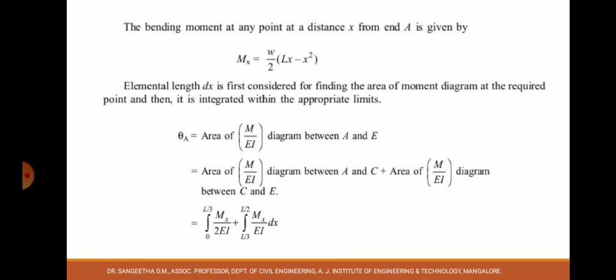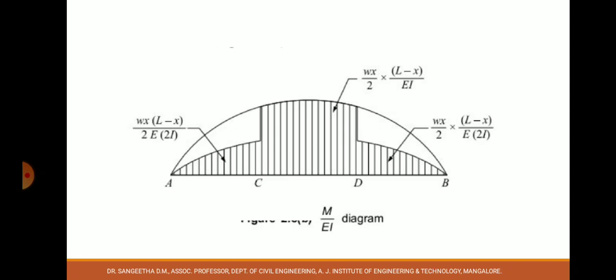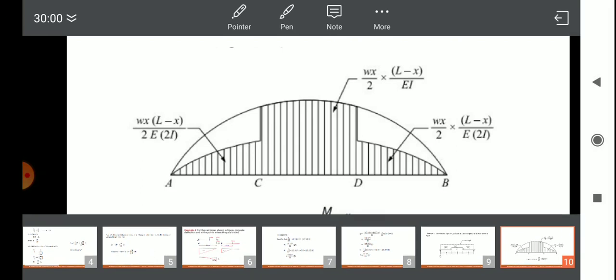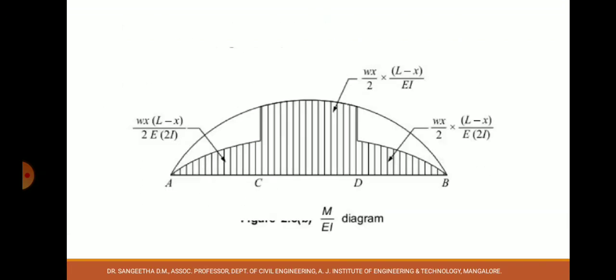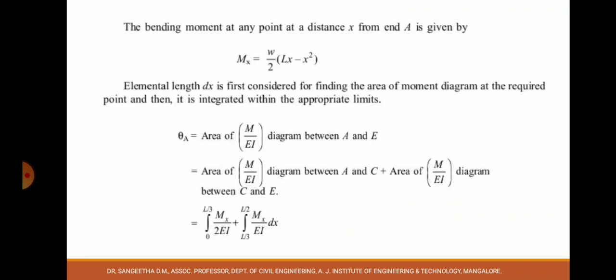Now if you want to evaluate theta A, it is the area of the M by EI diagram between A and E. Because the figures are unsymmetric, you can take the area of the M by EI diagram between AC and CE. For AC, the integral is between 0 to L by 3. For CE, the integral is between L by 3 to L by 2.